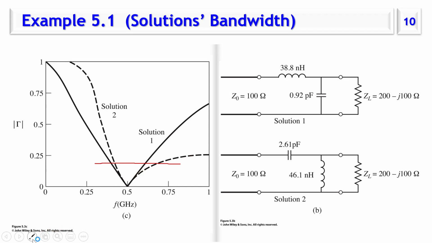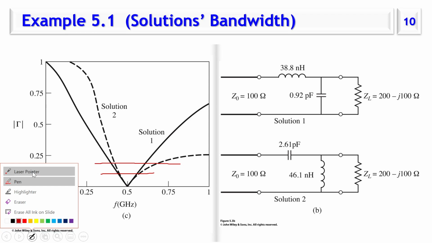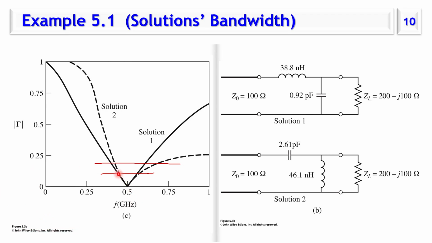If I would like to define the bandwidth as the bandwidth for reflection coefficient equal to or less than 0.1, we'll go this far, and so on. So this is a bandwidth depending on the definition that we take.